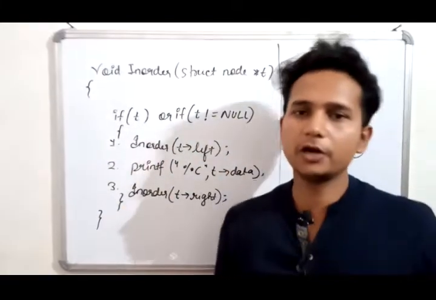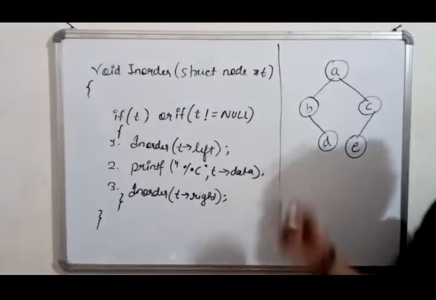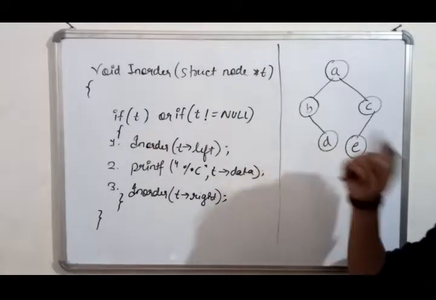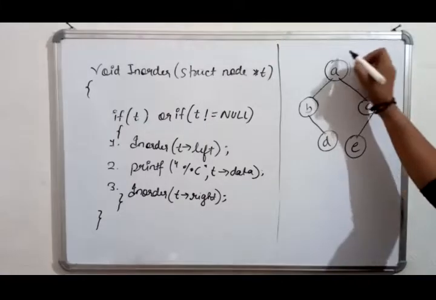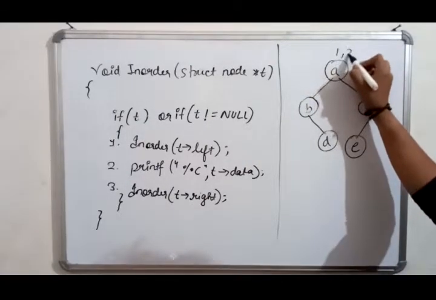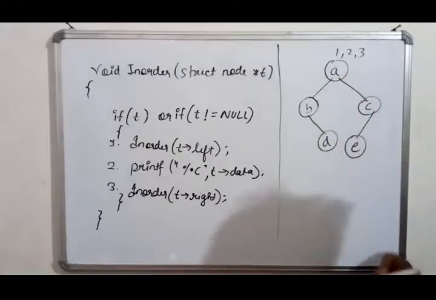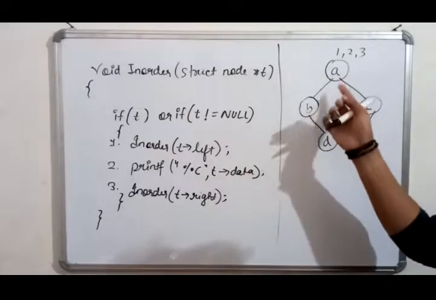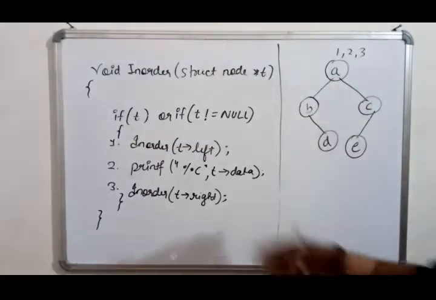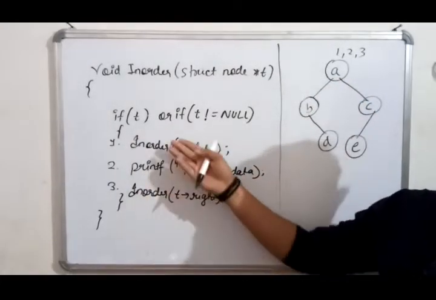As I have already told you, whenever we call this function, we call it with the root. So we will call this with A. First, it will check whether this is null or not. This is not null, so it will enter the body of the if condition.